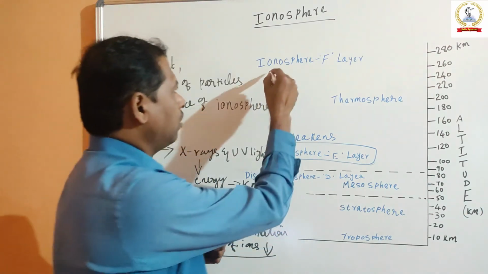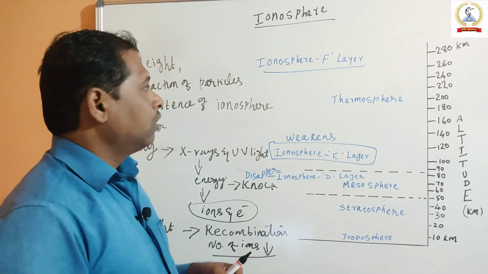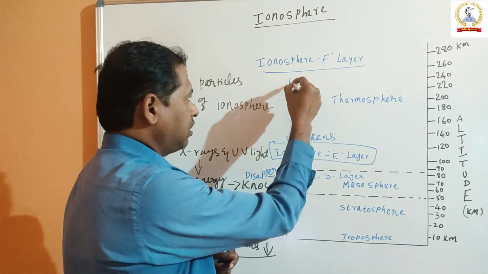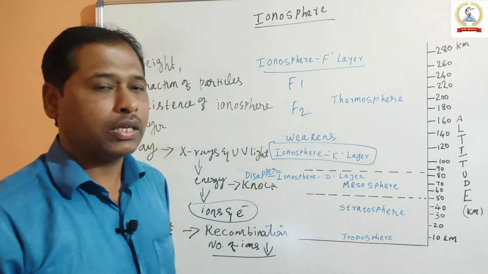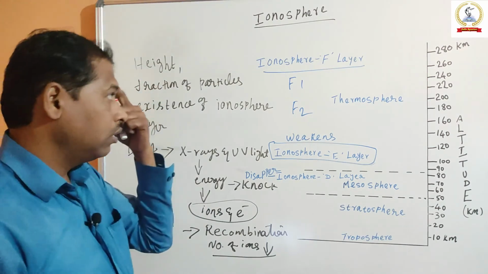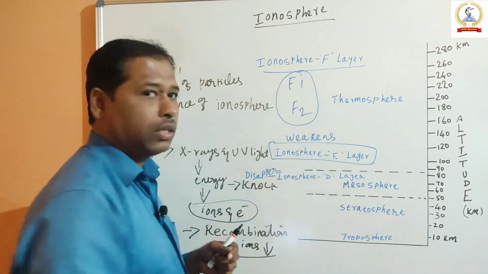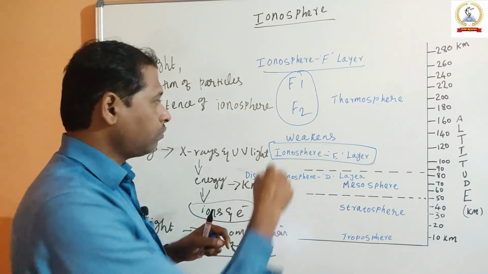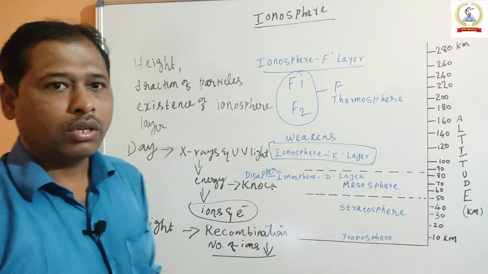Regarding the F layer, during day hours the F layer exists as F1 and F2 layers, but in night hours both the F1 and F2 layers merge into a single F layer.